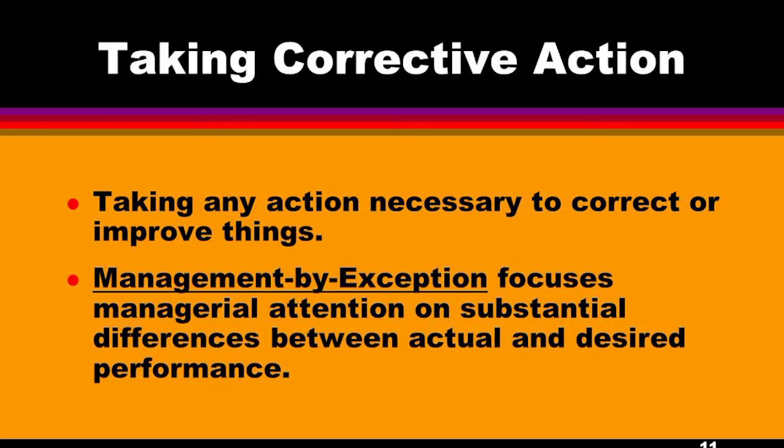Management by exception focuses managerial attention on substantial differences between actual and desired performance. Sometimes some exceptions are there, and that will call for corrective action. Between actual and desired performance there will sometimes be deviations, and management will look after those in substantial cases.